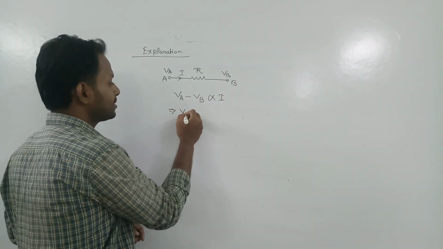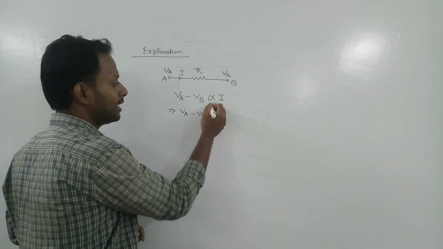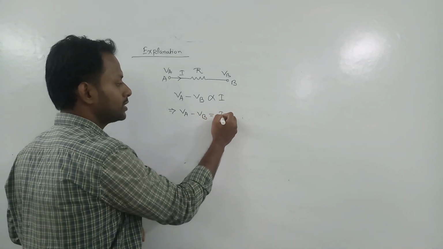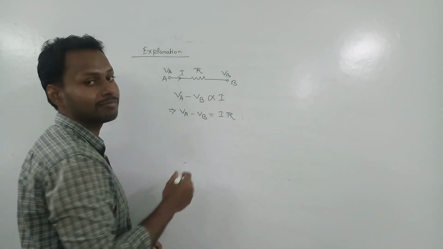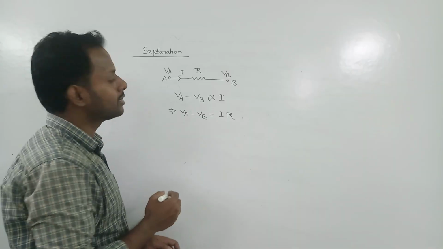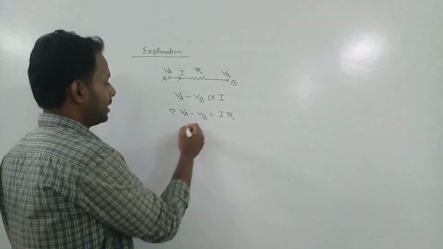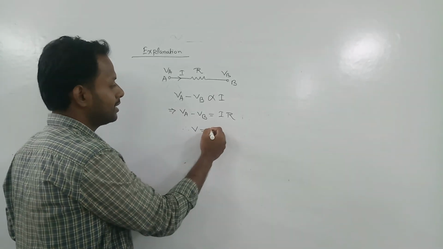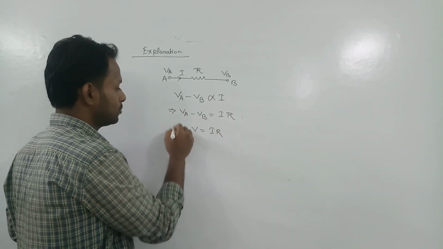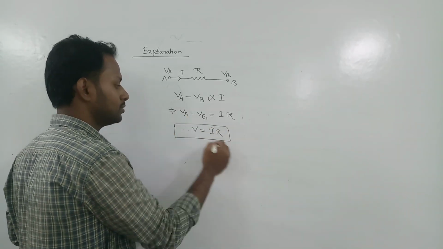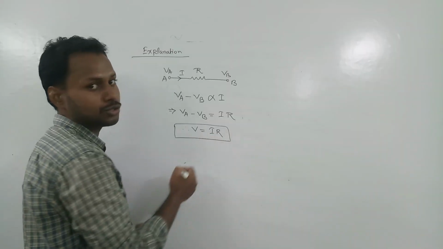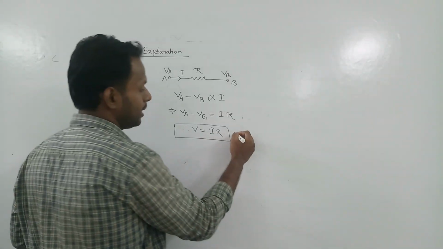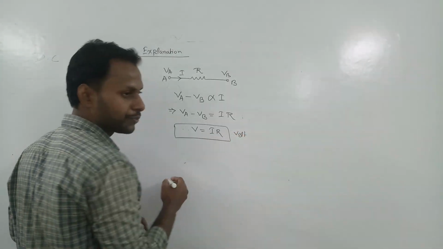Now in the second step, if we take an equal sign, we always take a constant, that is nothing but resistance, symbolized as R. And VA minus VB we write as V, so V equals IR. So the formula is V equals I into R, and the unit is volt.